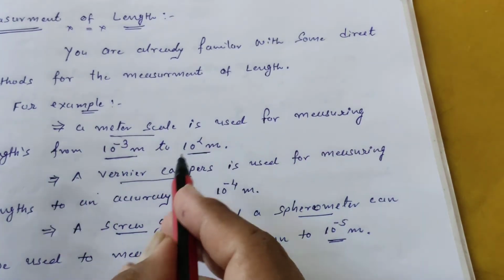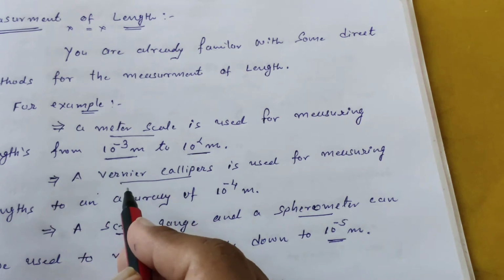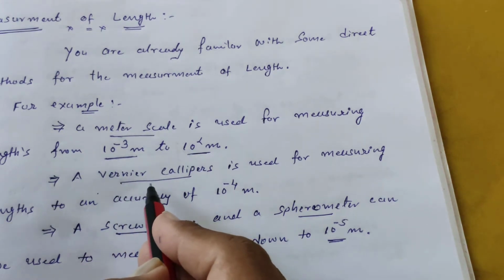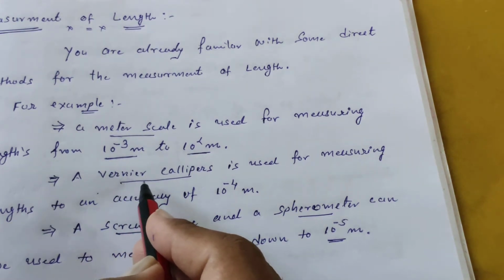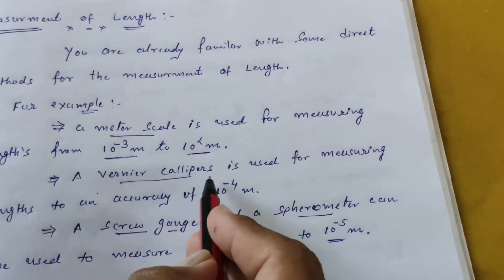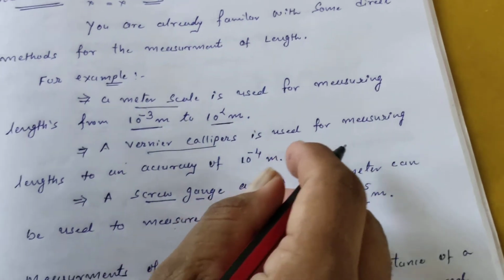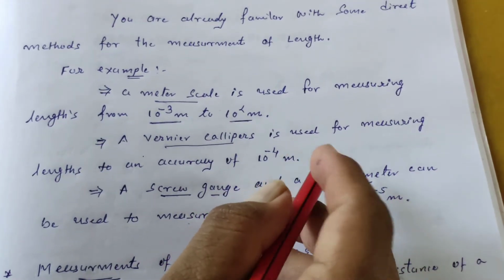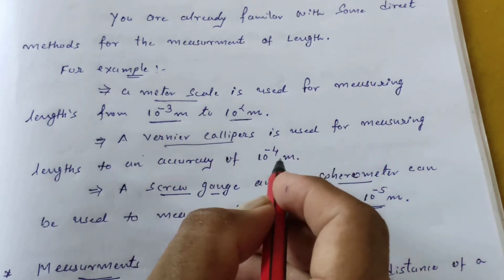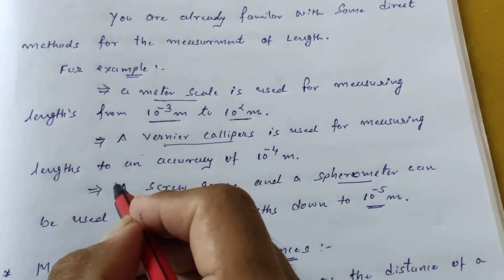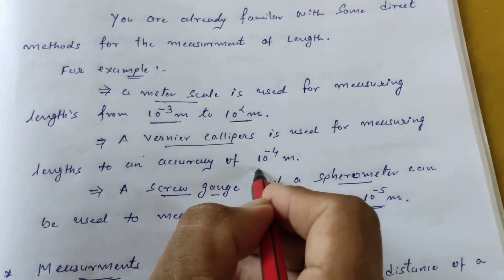Okay, below this, if you would like to go, in that case we have a device which is known as vernier calipers. Vernier calipers is used for measuring length to an accuracy of 10 raised to minus 4 meter.